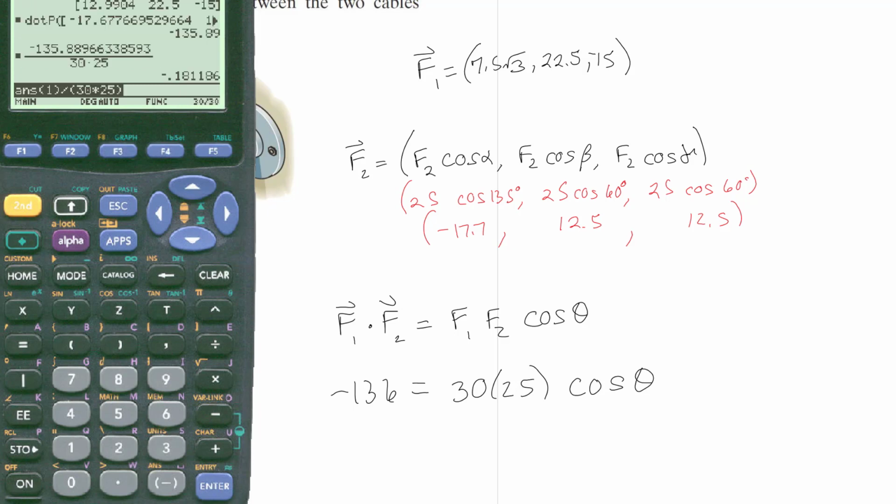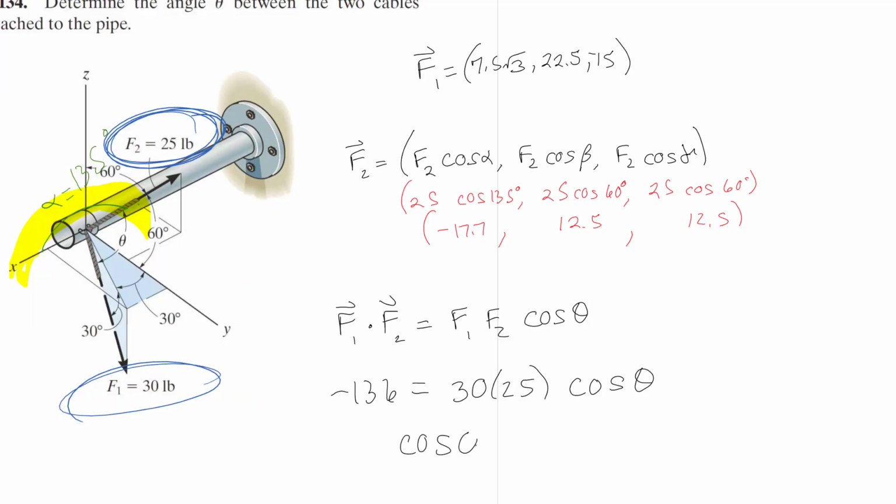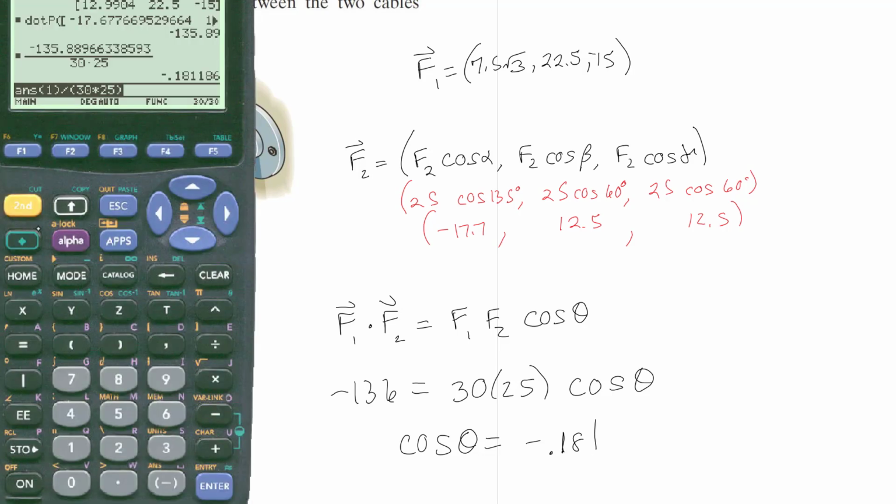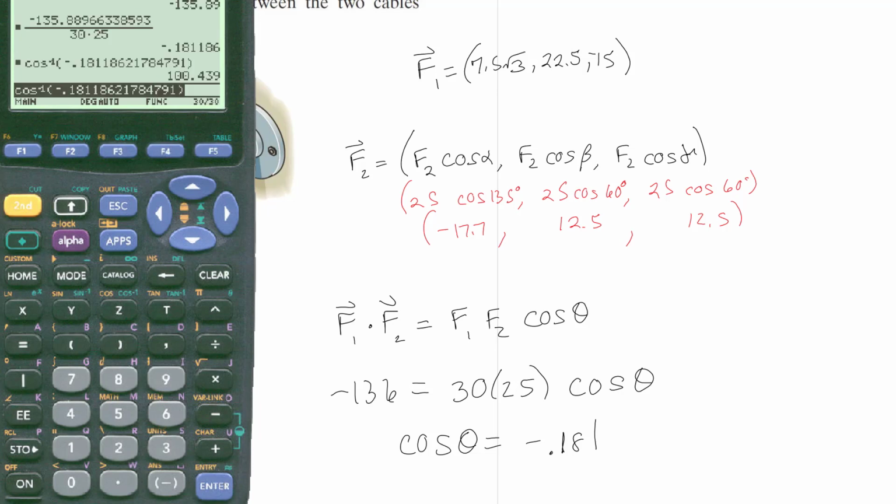So we got this negative 1.81. Or negative 0.181, not 1.81. That would be a super weird cosine. So inverse cosine of that is 100.